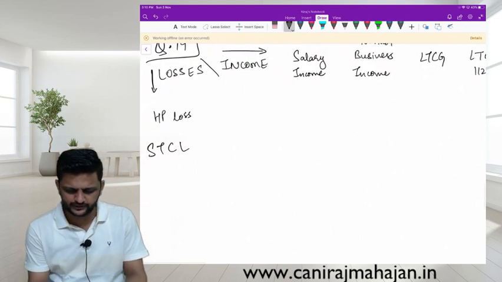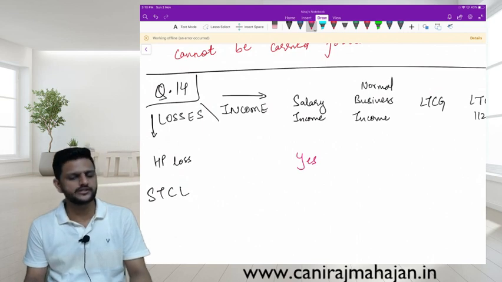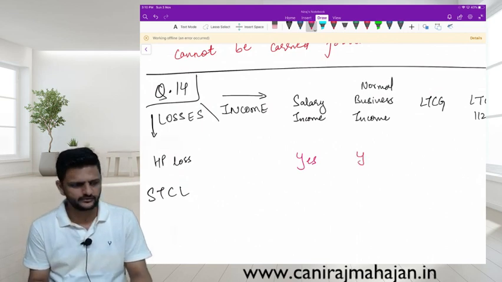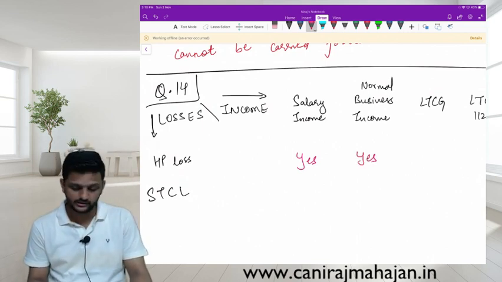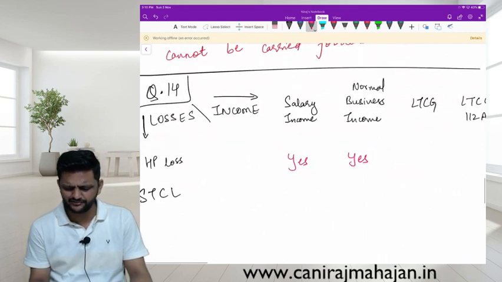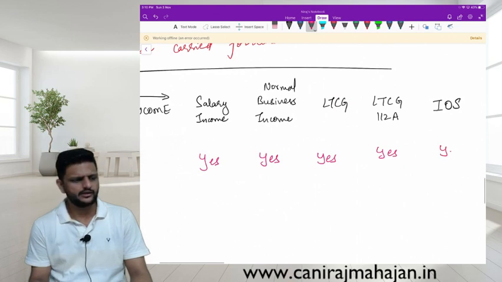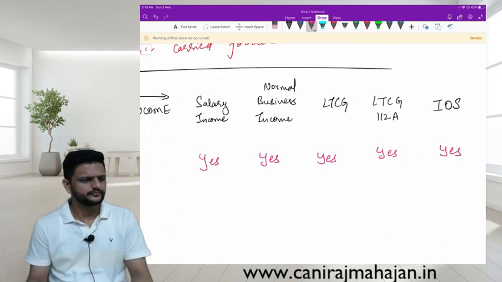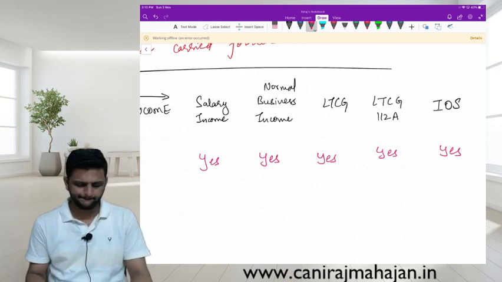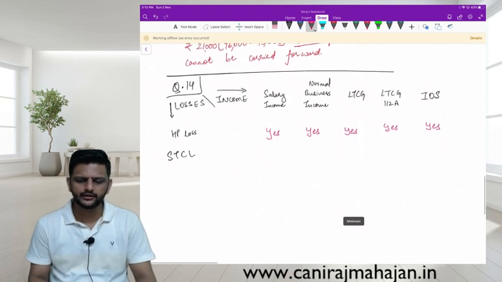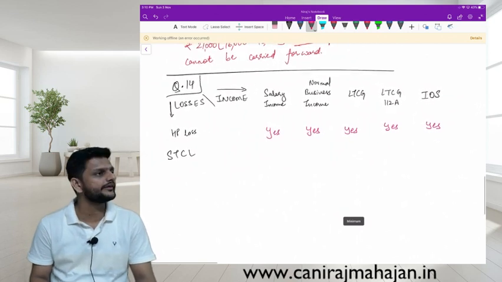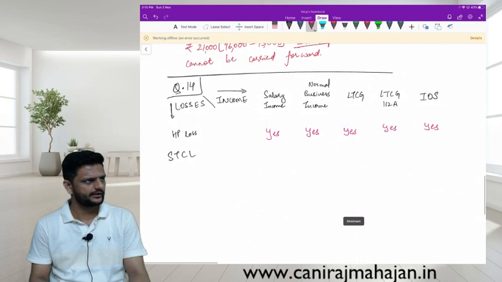Okay. HP loss against salary, yes. HP loss against normal business income. Then HP loss against LTCG. Everywhere it is allowed. We are not right now considering card games and lottery winnings. It is not allowed, that's why we are not writing.